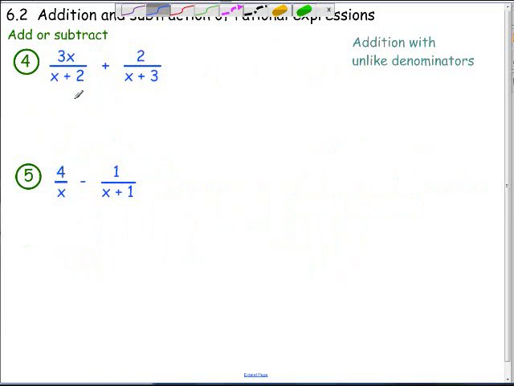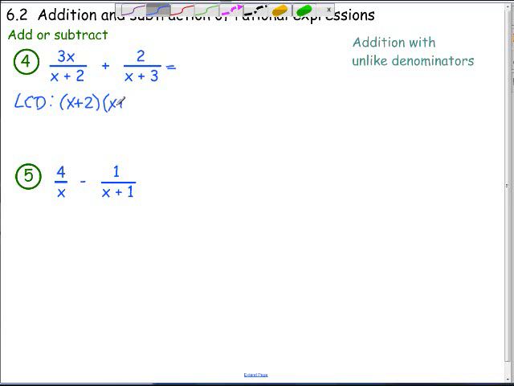Add or subtract these. Again, we don't have a common denominator. All right, so what is my least common denominator? Now, you're going to notice these least common denominators can get a little complicated.